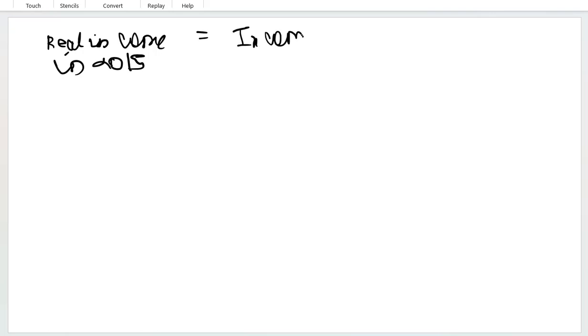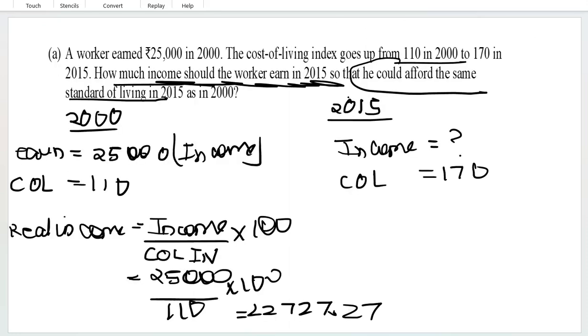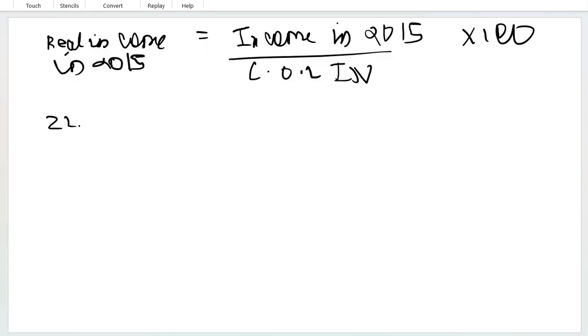We use the fact that real income, which we are now doing for 2015, will be income in 2015 upon cost of living index number multiplied by 100. Because the standard of living is the same, the real income will be the same. That means it will be 22,727.27. The income is something we don't know and should find.